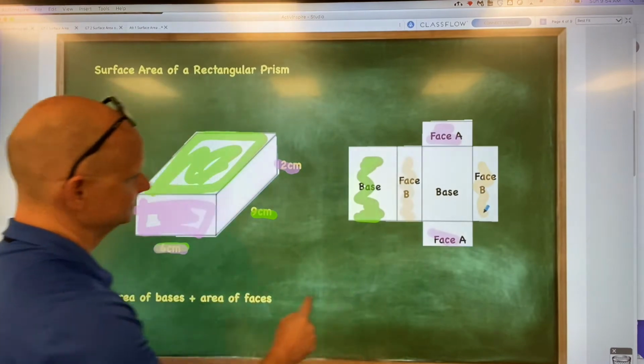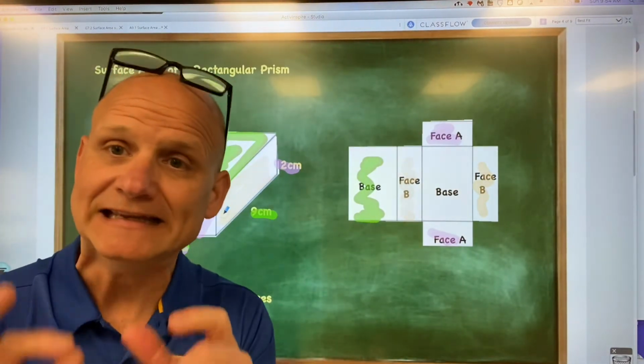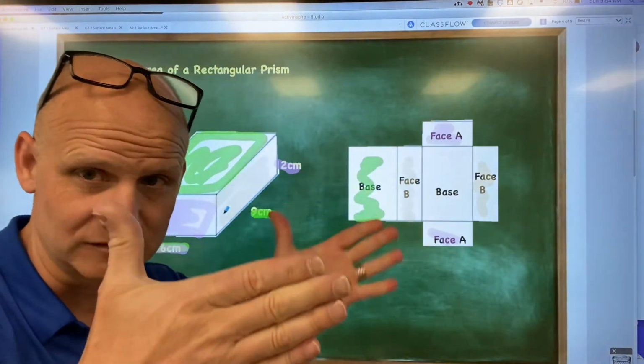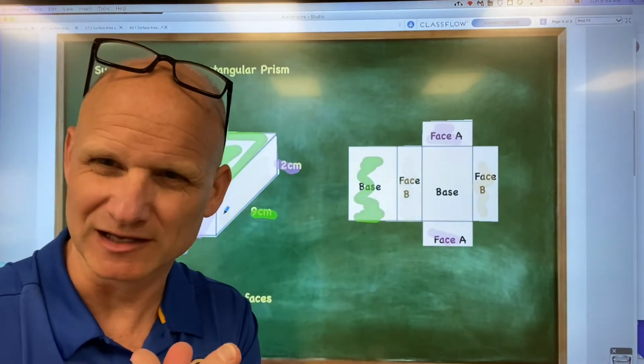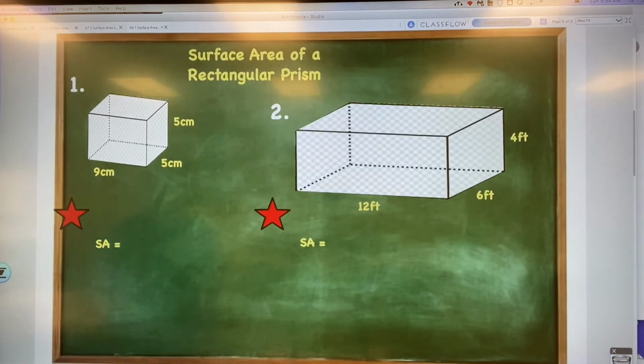Face B would be this, and that would be 9 by 2. And then each of those, you have to multiply by 2 afterwards, right? Because there's a front and there's a back. So to find the surface area, I think this makes sense. Not too complicated, right? Good. So, you guys just find the total surface area of both these shapes, and we'll discuss tomorrow.